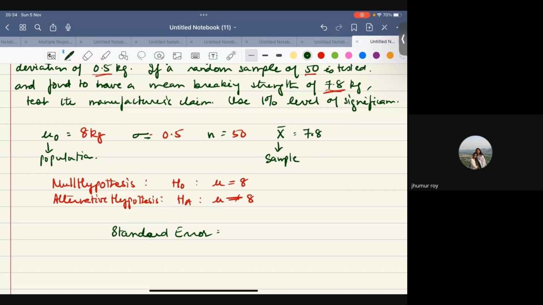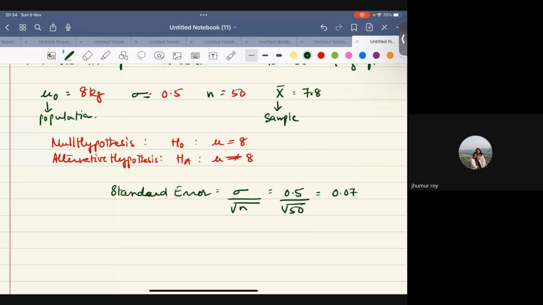So here we say standard error is taken as standard deviation upon under root n. So this will be 0.5 divided by under root of 50. So this value I'm giving you here is 0.07. Okay. Then what we need to calculate is the test statistic.